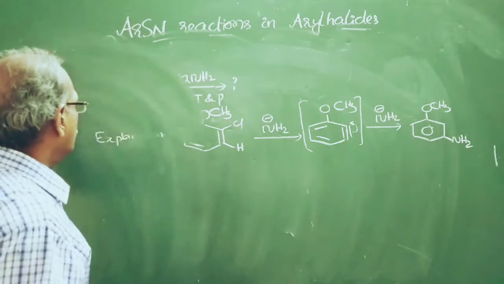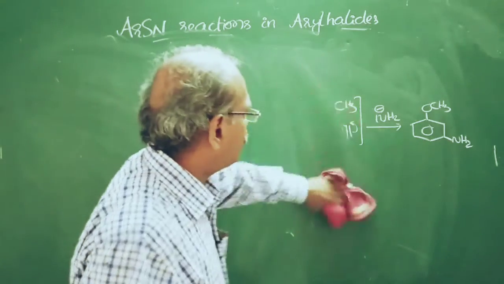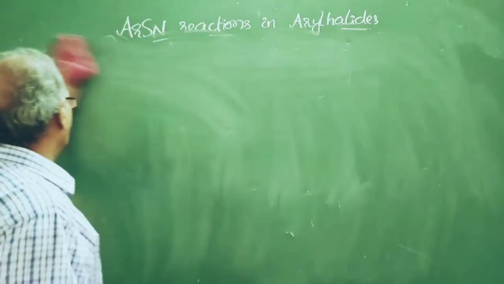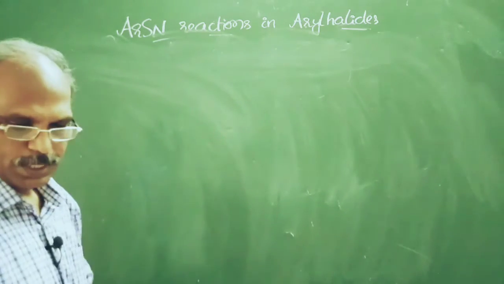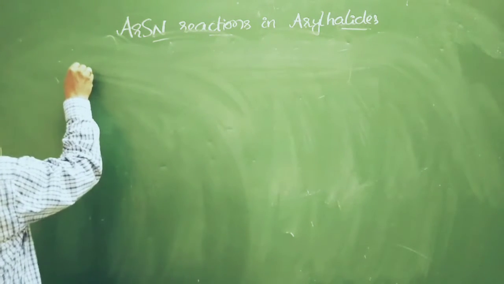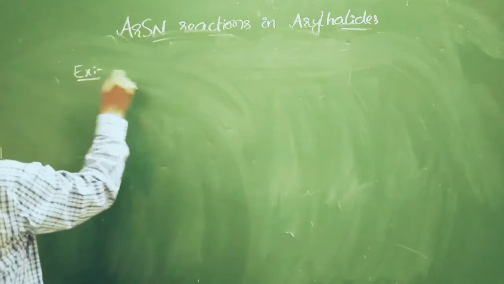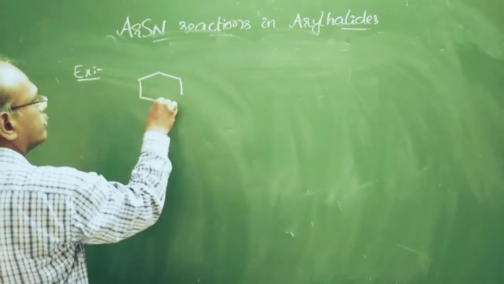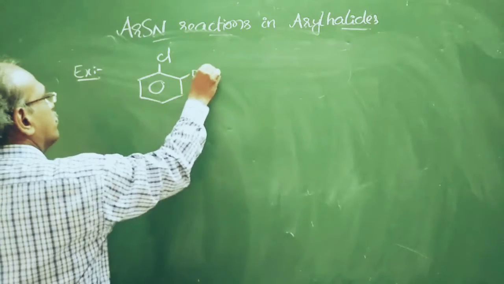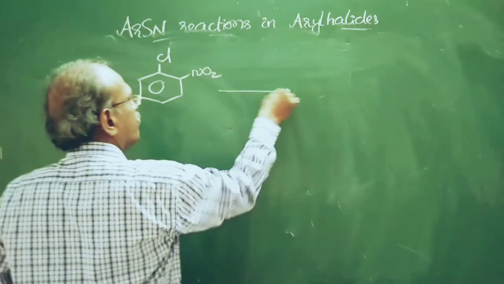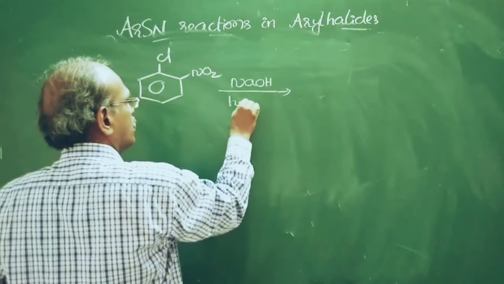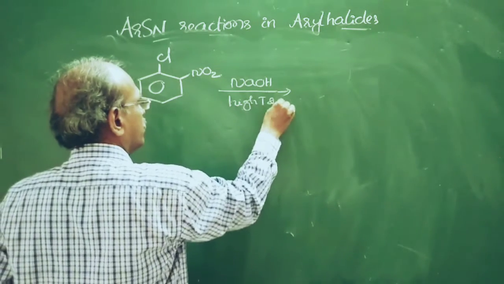Next one, if an electron withdrawing group is present, then in what way does the reaction take place? See this example. See Cl here with, say, NaOH at high temperature and pressure.